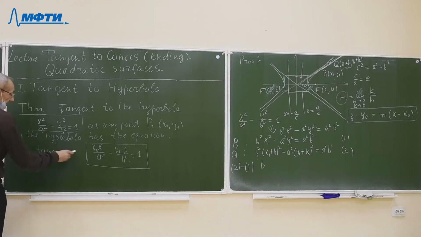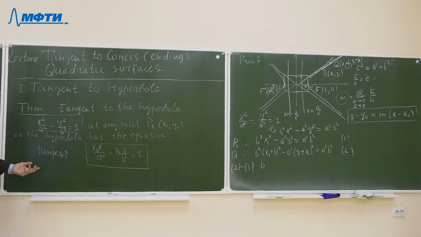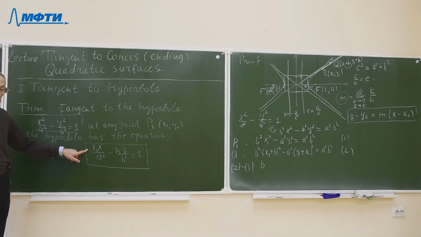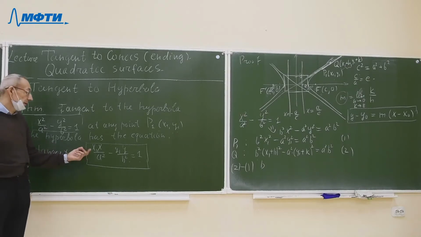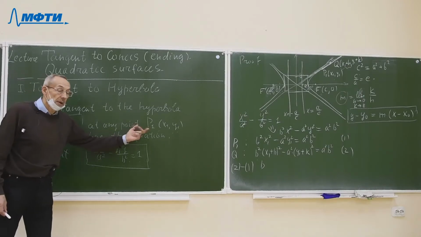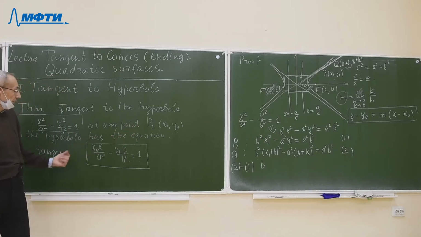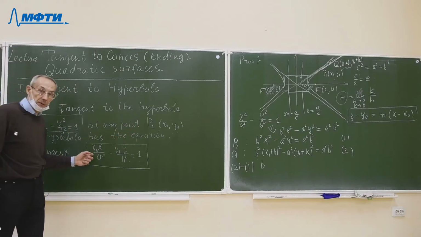To the hyperbola. If we compare this equation with the equation of the hyperbola, we see that we change one of the variables in the equation of the hyperbola by the coordinates of the fixed point P1, exactly the point in which we consider the tangent to the hyperbola.